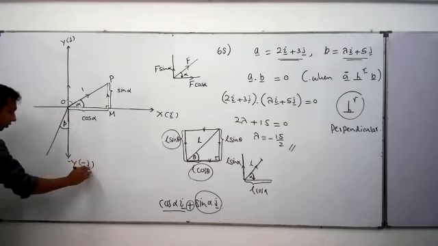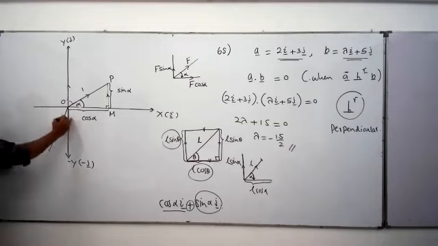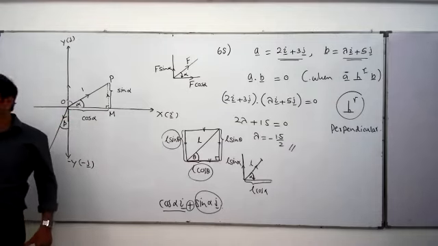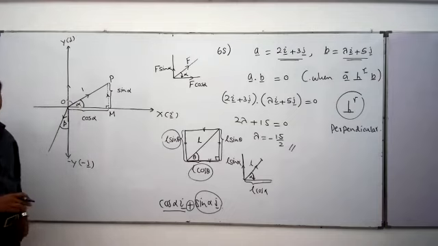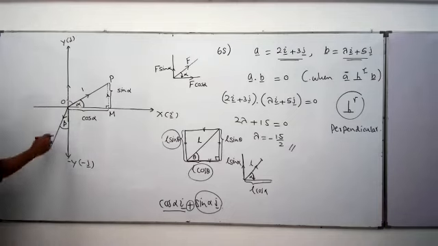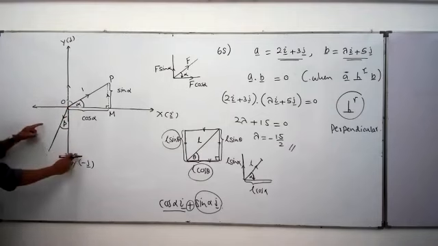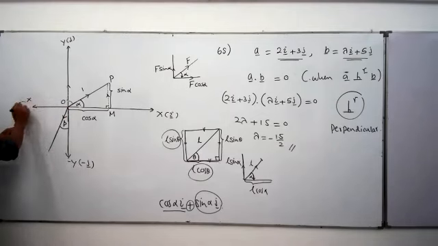Now my question is, along this direction, what is the unit vector? Very easy. Right. To this direction, the closest axes are minus y and minus x.